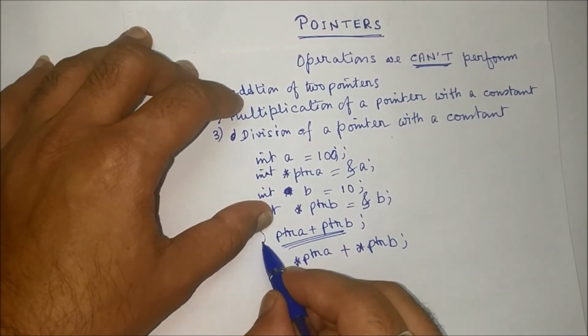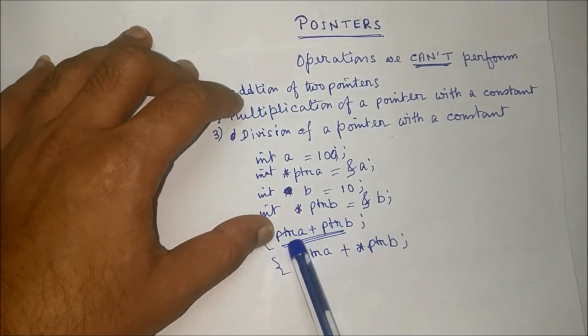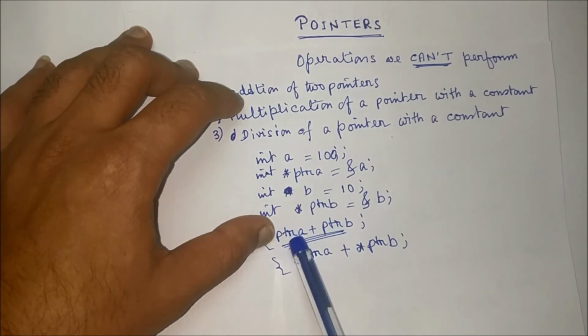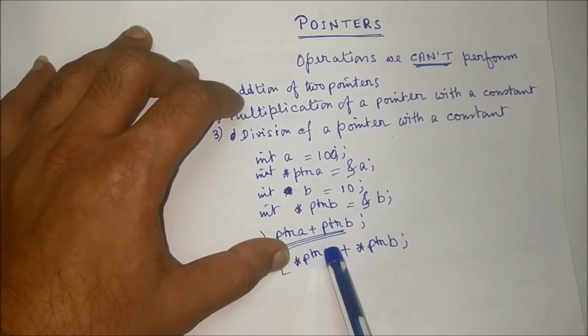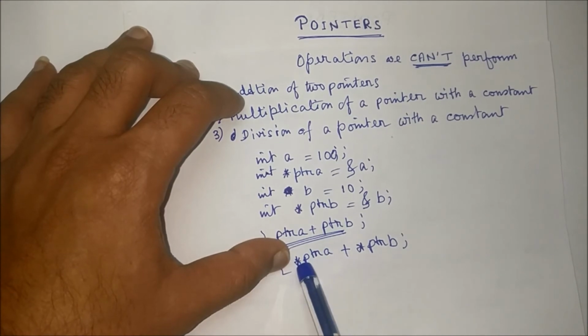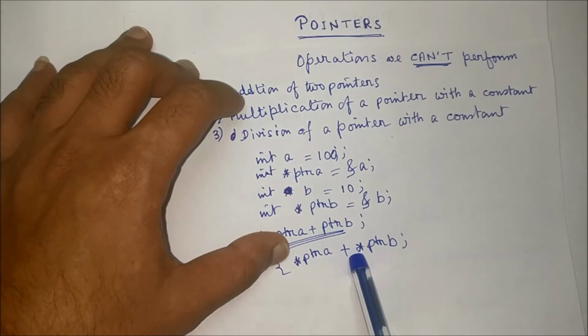See the difference between these two statements. The first statement is doing the addition of two memory addresses, right? A pointer variable returns the memory address it is pointing to. But this statement returns the value at the address that the pointer variable is pointing to. So the value is nothing but a numeric number, and you can perform mathematical operations on a numeric number.